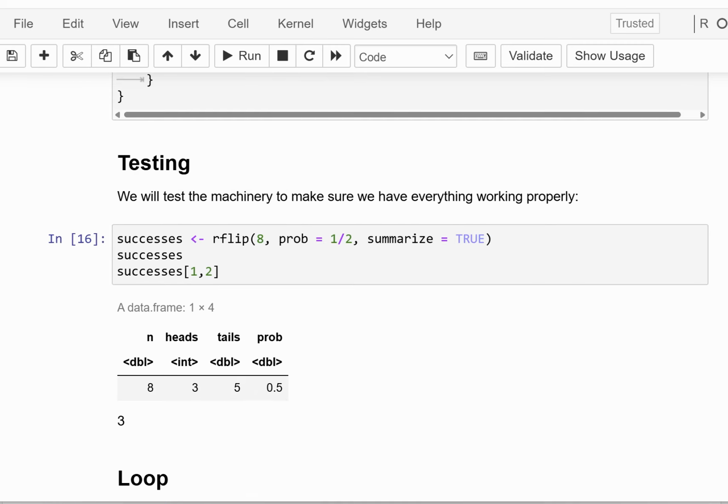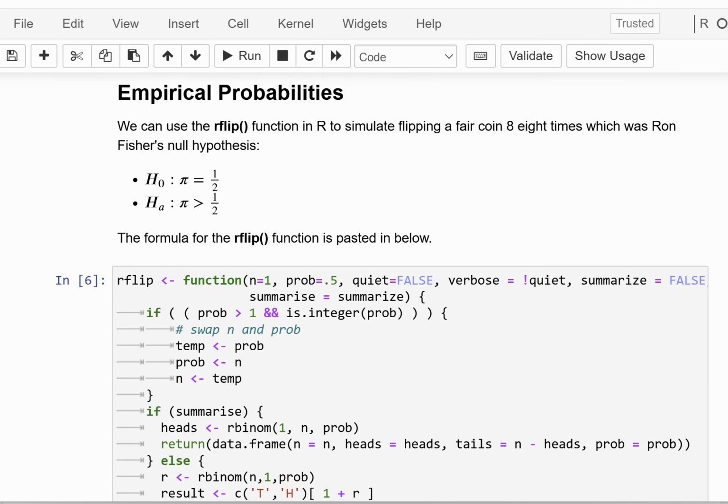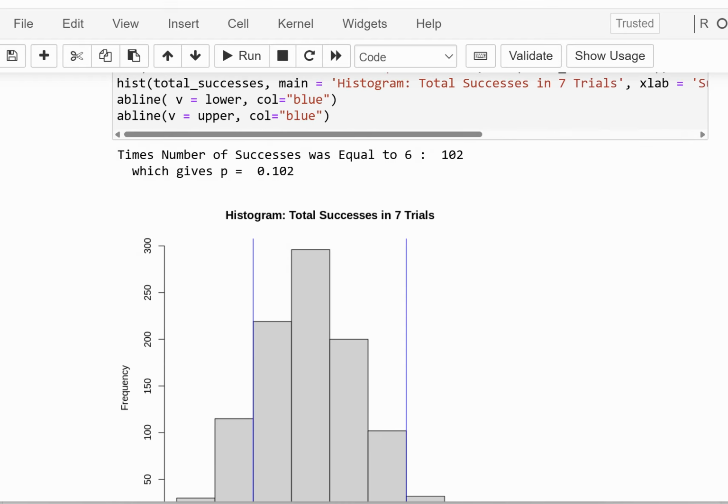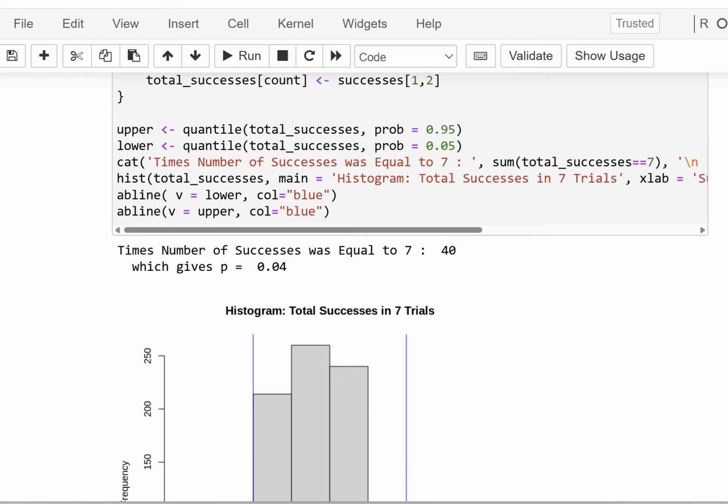Again, jumping up to where we did all of these. The actual probability is 3.125%, so 3.1%, right? And we get 4% as our estimate. We had 40 successes out of 1,000, so the calculated p-value is 0.04.